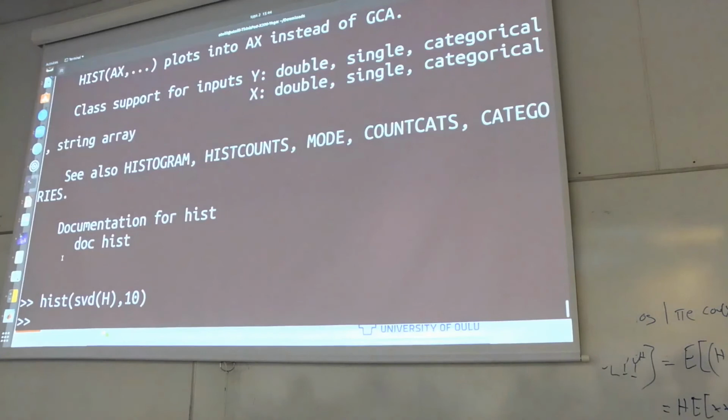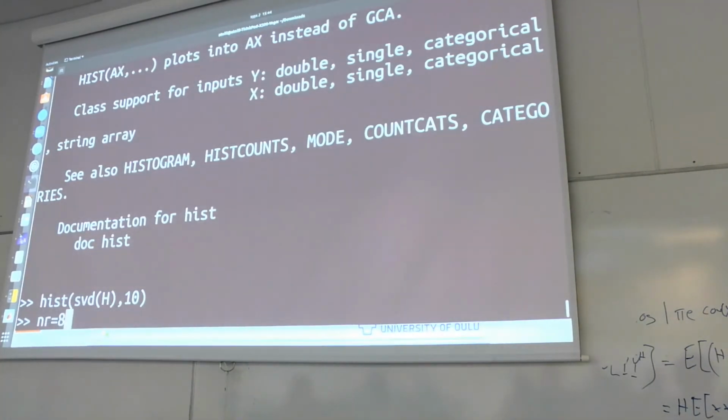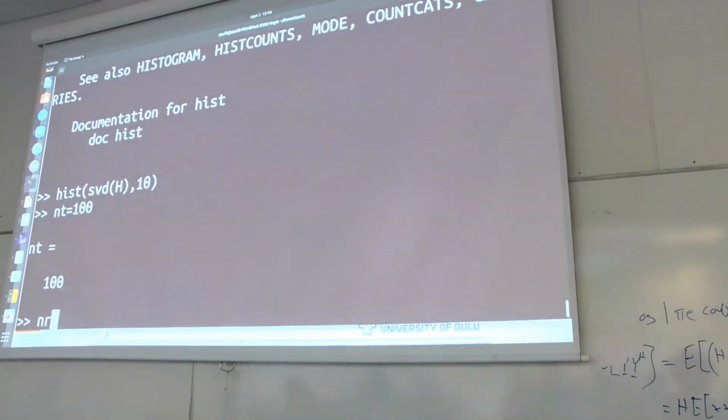This is only one realization. Make H bigger. Previously there were only 8 values.